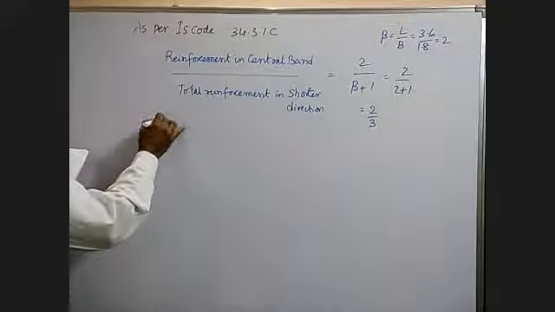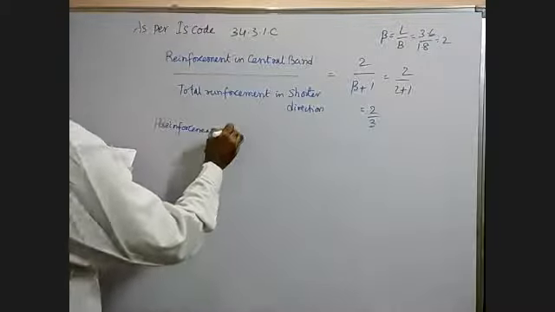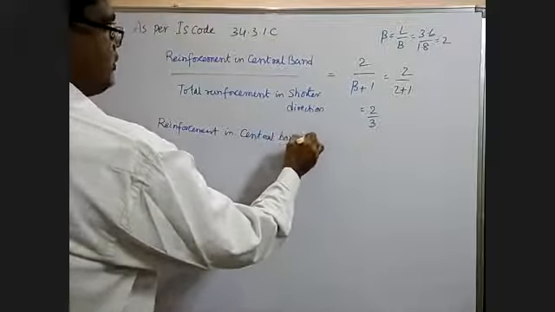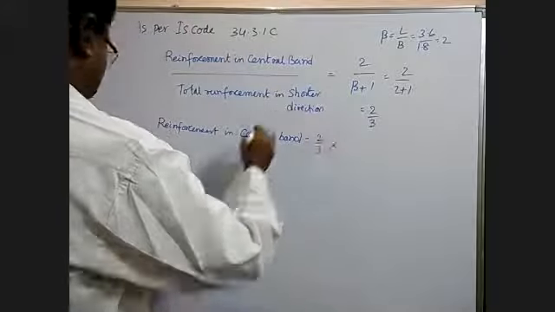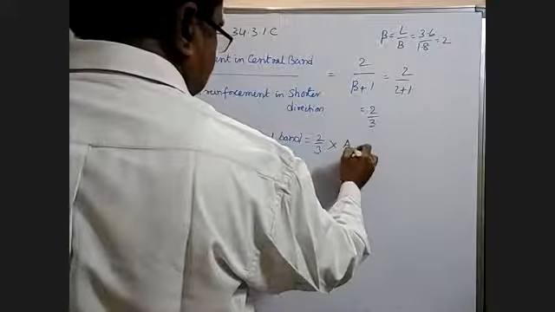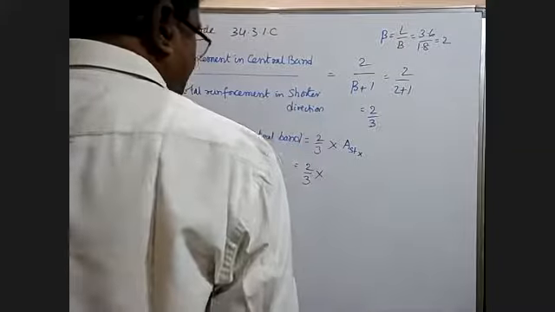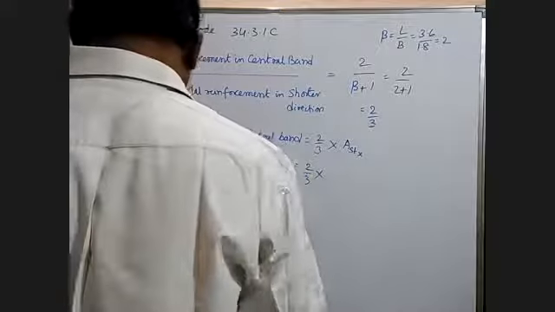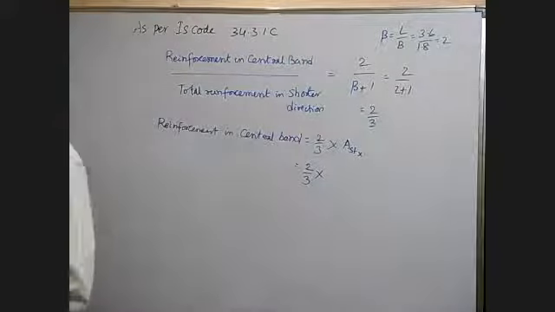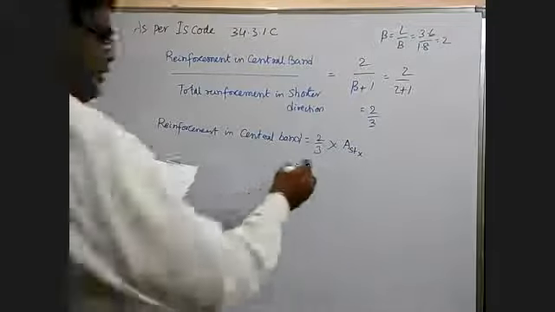Now reinforcement in central band is equal to 2/3 into total reinforcement in shorter direction, ASTX. The central band, as I said, is near the column with more reinforcement, 2/3. What value did we get? 1098.